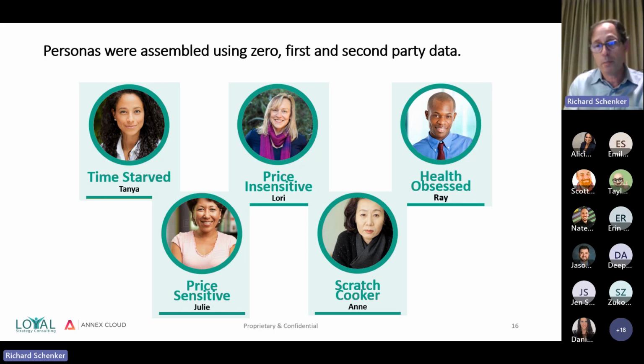Ray, who is health obsessed, and we could identify that based on the types of products he buys at the grocery store. Then there's Julie, who's price sensitive because we can see the proportionality of things she buys at regular price versus off price. And then Anne, who's a scratch cooker, because we can see that she buys a lot of ingredients for cooking and baking.